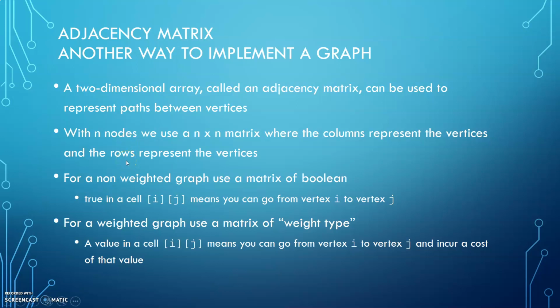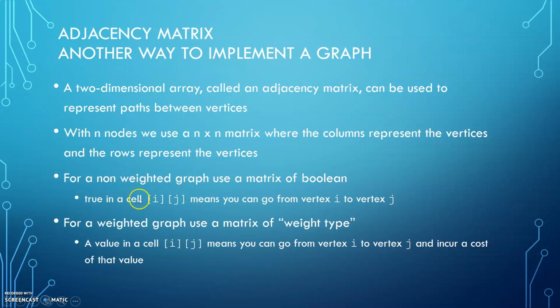In a two-dimensional array, the rows can represent the vertices and the columns can represent the vertices, but generally we look at this array from the rows' point of view first, meaning from node I to node J.